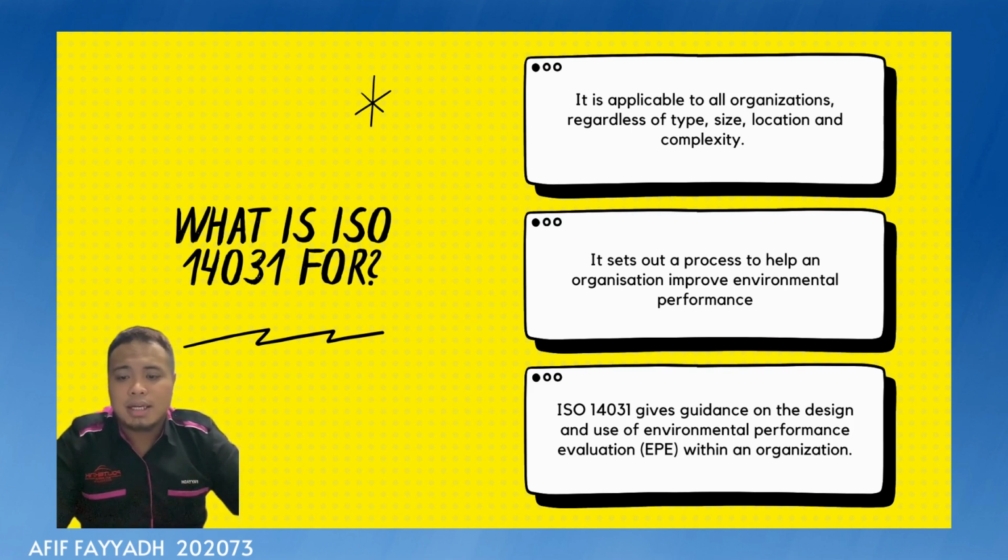It provides a set of tools to identify, measure, assess, and communicate environmental performance using key performance indicators, which is KPI, based on reliable and verifiable information. ISO 14031 gives guidance on the design and use of environmental performance evaluation, which is EPE, within an organization.